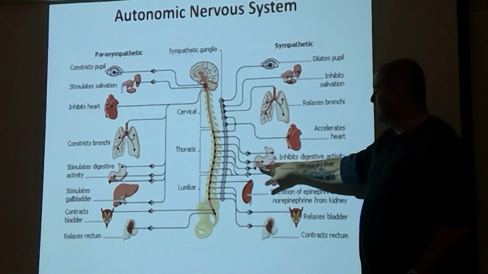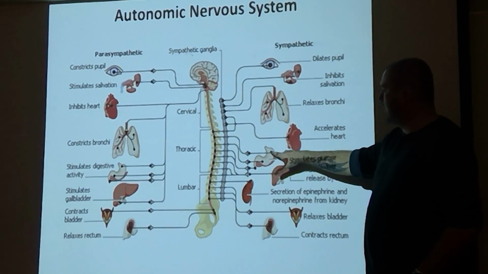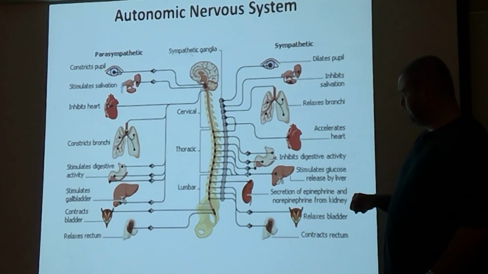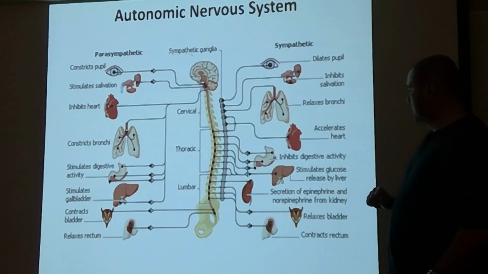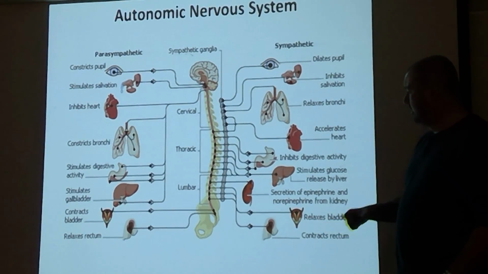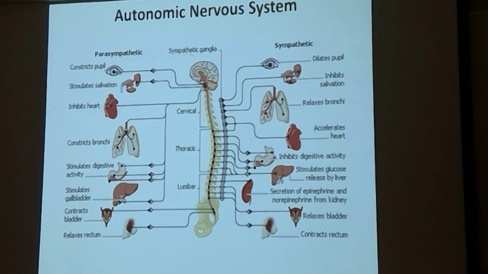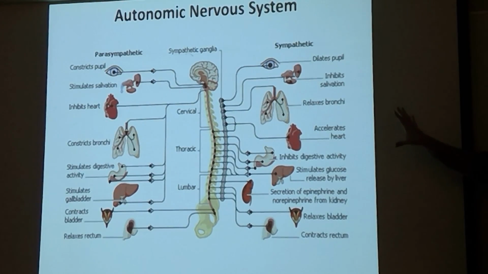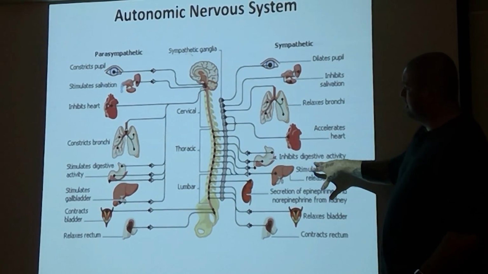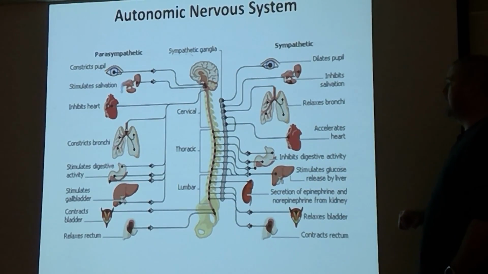But now, if you look at digestive activity, that is under direct control of the nervous system. Same with stimulation of glucose, relaxing the bladder, and then contracting the rectum. So this part up here is all due to the endocrine activity. Otherwise, the rest of it is controlled by the nervous system.